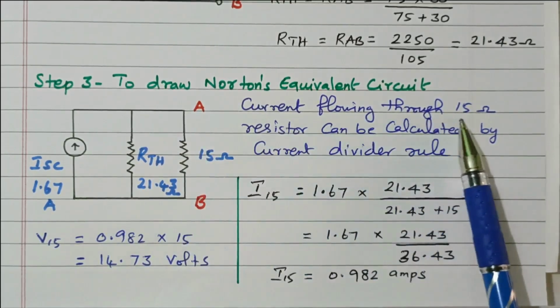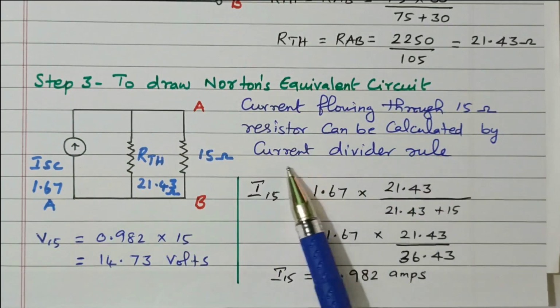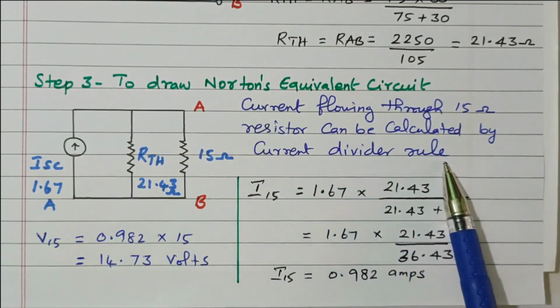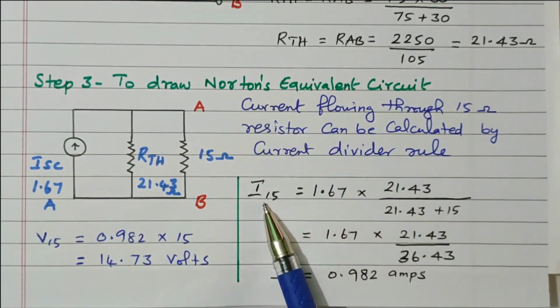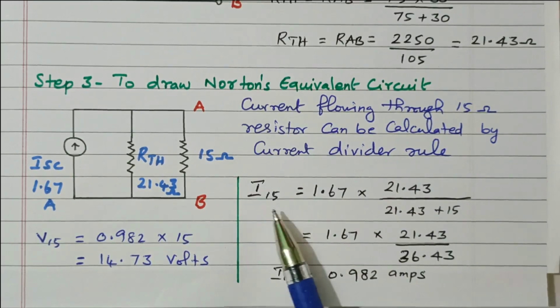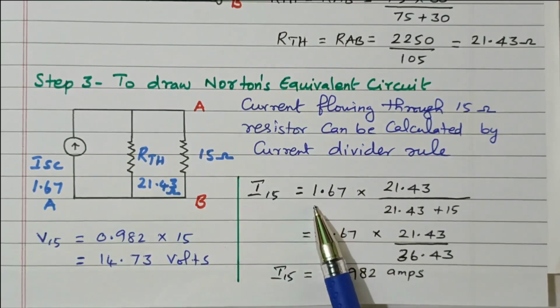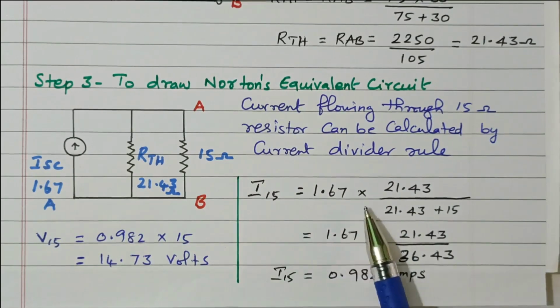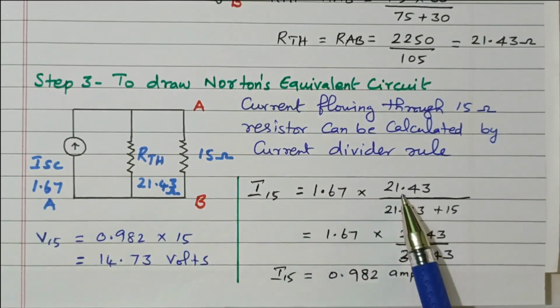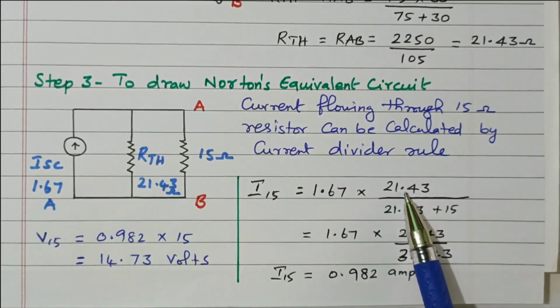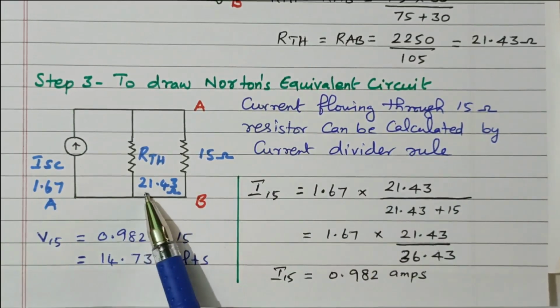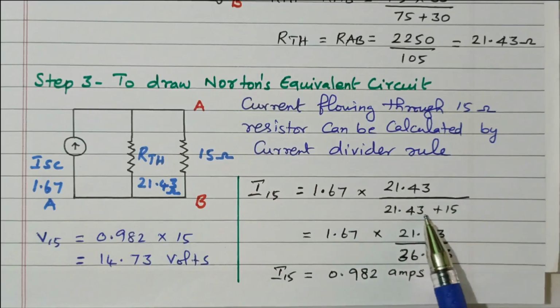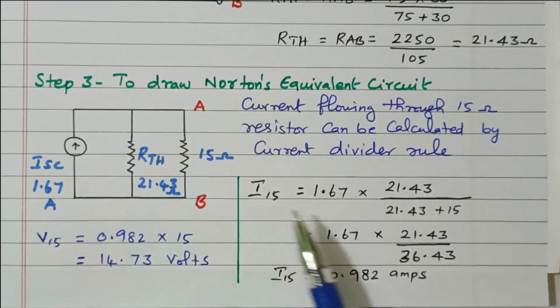Current flowing through the 15 ohm resistor can be calculated by the current divider rule, right? So I15 means current through the 15 ohm resistor equal to the total current 1.67 ampere into the resistance in the other arm, that is 21.43 divided by total resistance 21.43 plus 15.